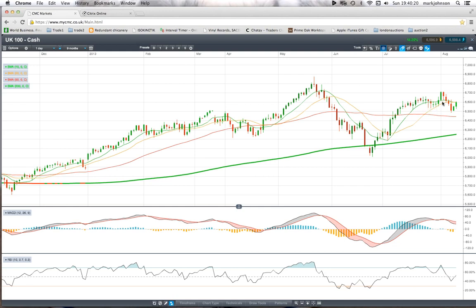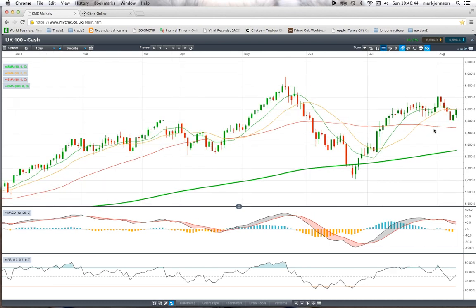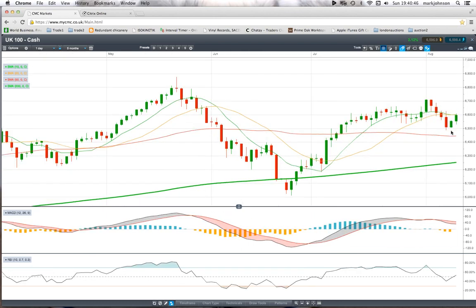We've got a low here, higher low. Now it's dropped. Now, like I say, it looks like a bit of consolidation here, possibly a triangle or a downward channel. There's no candle pattern there to give any clues where it was going.